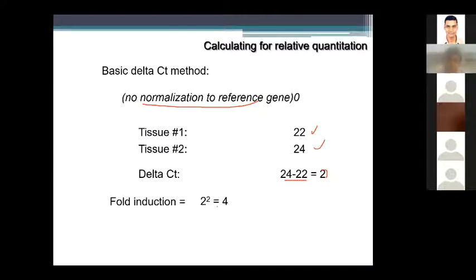This method is absolutely not used now, because it does not contain a reference gene, and each and every cell has a different functional ability. If you are not using the reference gene, some tissues contain different reference gene activity, so we do not get an accurate result.